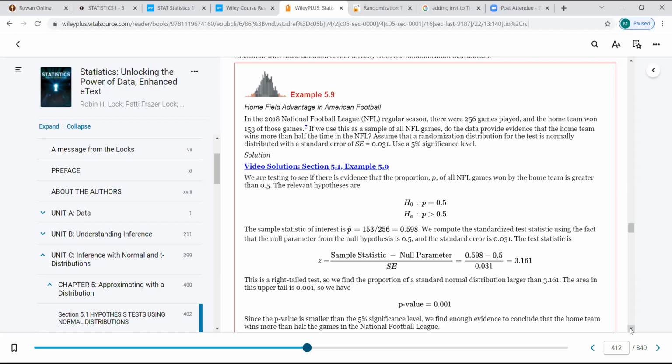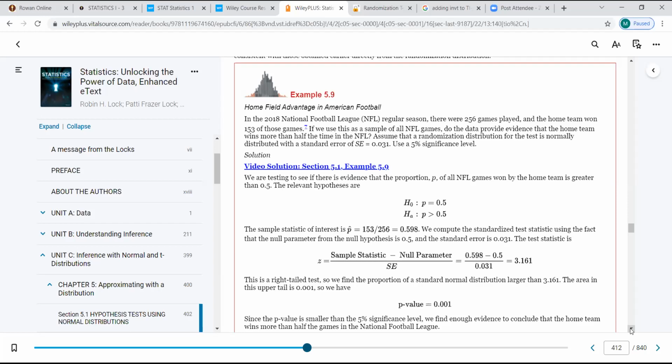Can we state that the home team wins more than half the games? We're assuming some sort of home field advantage. So what is the alternative hypothesis? That the proportion of games won is greater than 0.5. Doesn't that make sense? P is greater than 0.5. So that's a right-tailed test, isn't it?